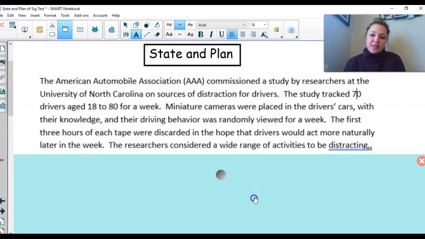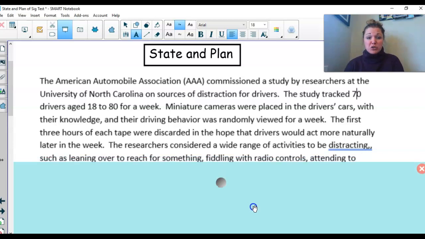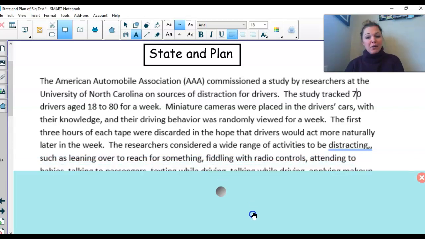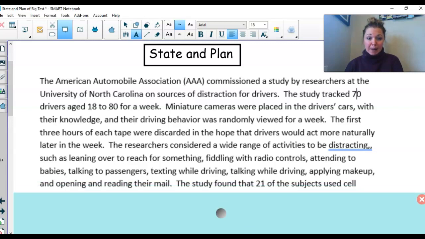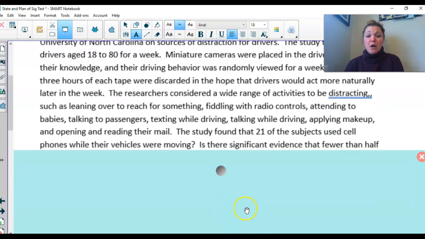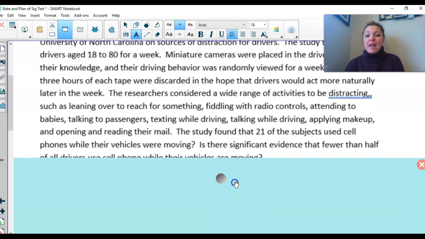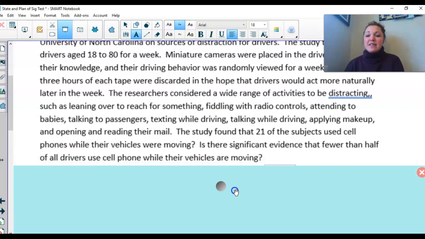The researchers considered a wide range of activities to be distracting, such as leaning over to reach for something, fiddling with radio controls, attending to babies, talking to passengers, texting while driving, talking while driving, applying makeup, and opening and reading their mail. The study found that 21 of the subjects used cell phones while their vehicles were moving. Is there significant evidence that fewer than half of all drivers use a cell phone while their vehicles are moving?